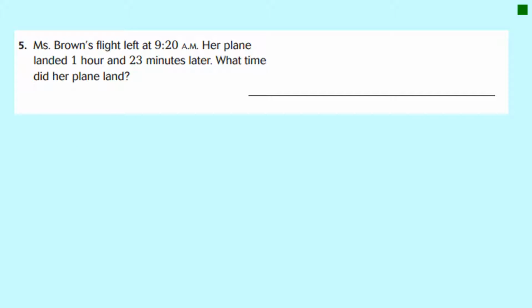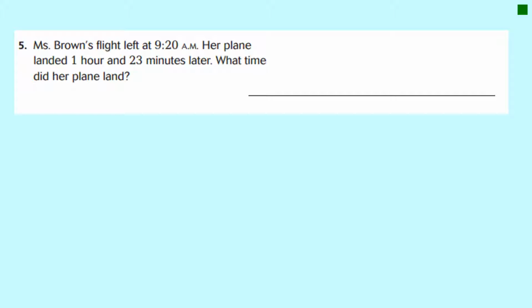Number 5. Ms. Brown's flight left at 9:20 a.m. Her plane landed 1 hour and 23 minutes later. What time did her plane land? We know what time her flight left, and the elapsed time is going forward.